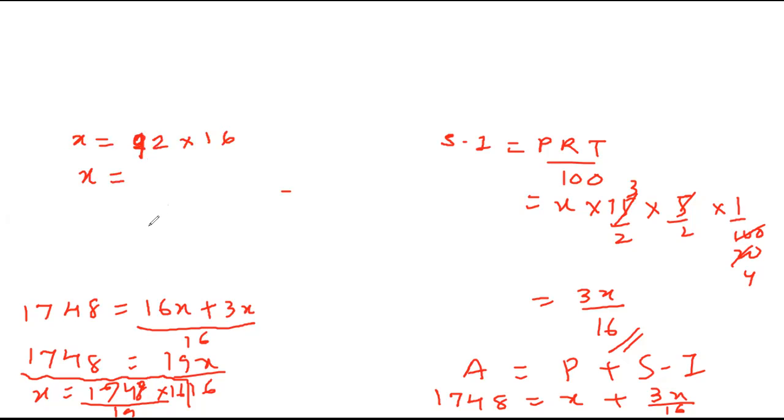So 92 into 16. 16 twos are 32, carry 3, 16 into 9, 144, and 3, 147. Therefore, principal equals rupees 1472. Done? Yeah, sir, got the same.